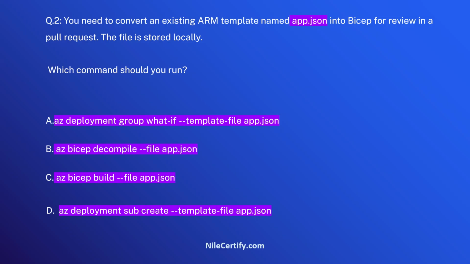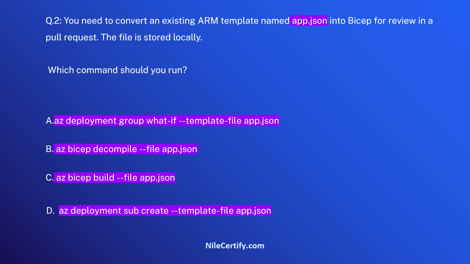So the correct answer is B, az bicep decompile, because as we mentioned, decompile converts an existing ARM JSON template into Bicep so you can review the result in a pull request.